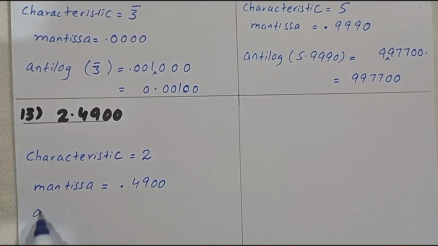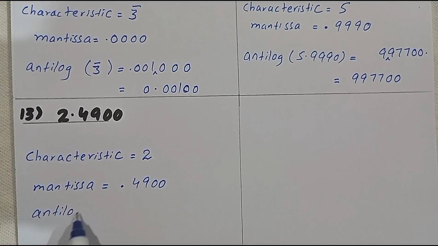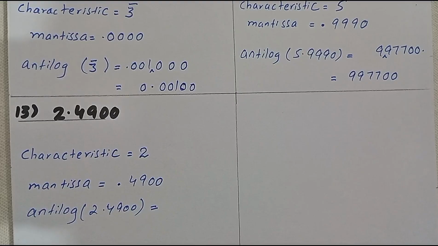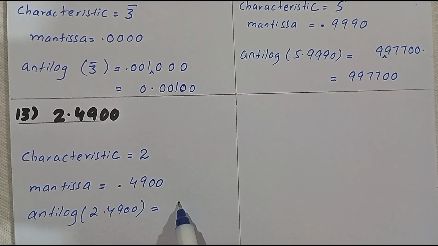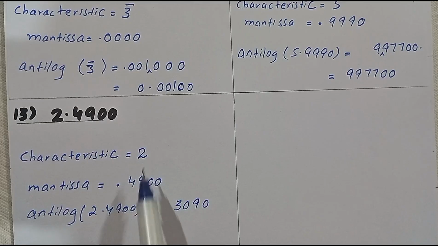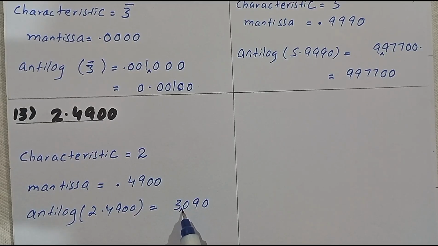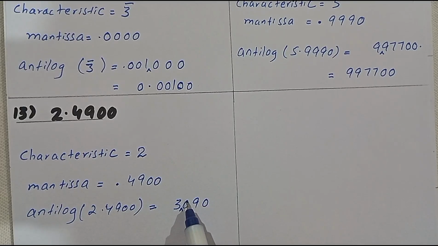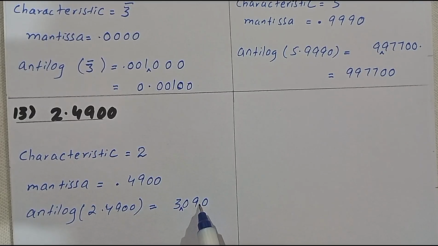So antilog of 2.4900 is 3090, as characteristic is +2 and reference position is after 3, so we have to count 2 digits and place the decimal to the right side from reference position, that is 1 2, and the decimal is after 9. So antilog is 309.0.